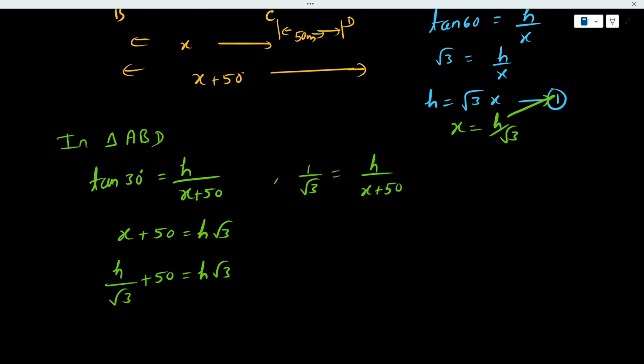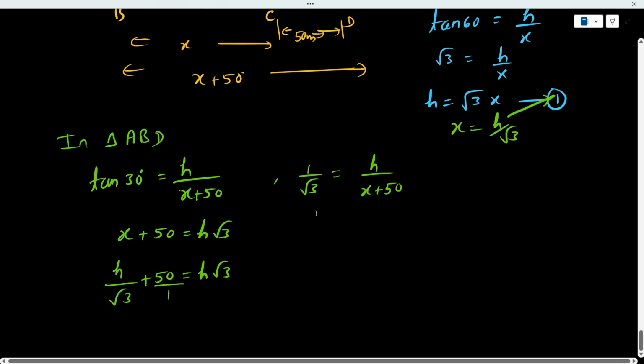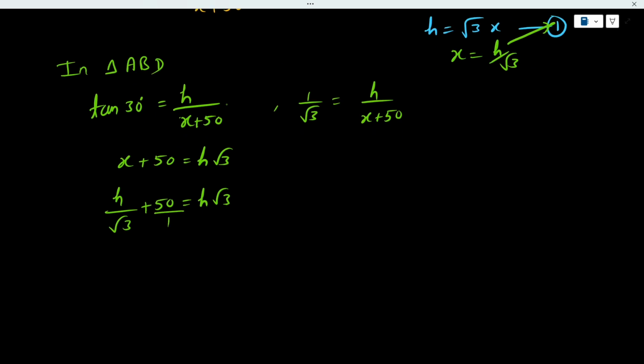So now I can either transpose this or I can take the LCM. If you take the LCM, root 3 will get cancelled by taking it to the right-hand side. So from 1, because from 1 I have substituted this, it will become h plus 50 root 3, by root 3 being common, equals h root 3.